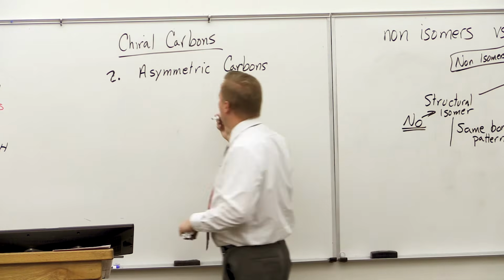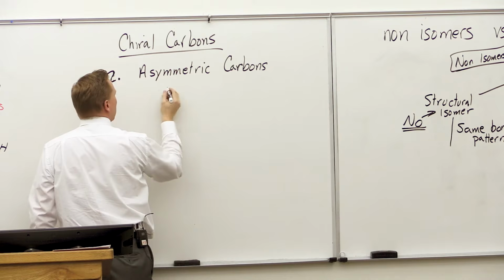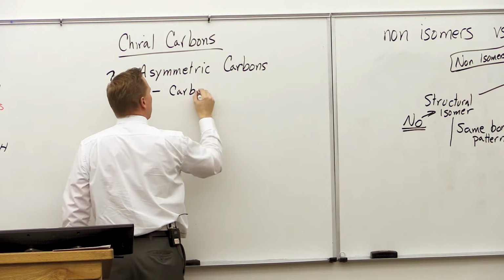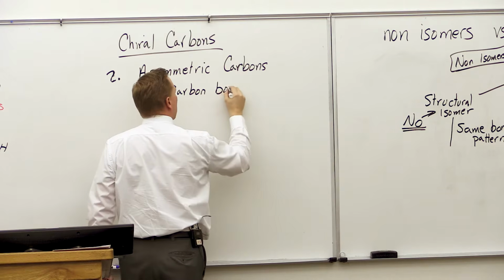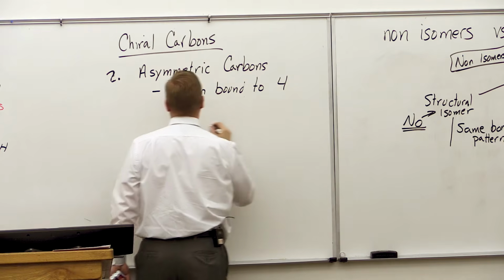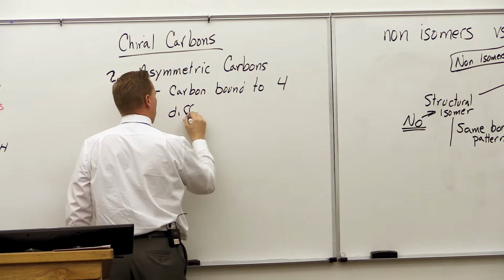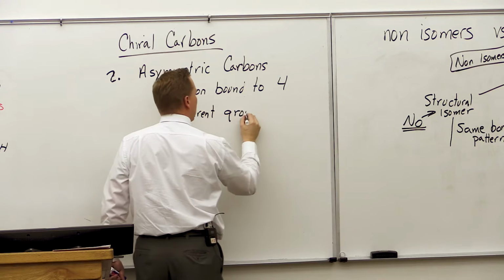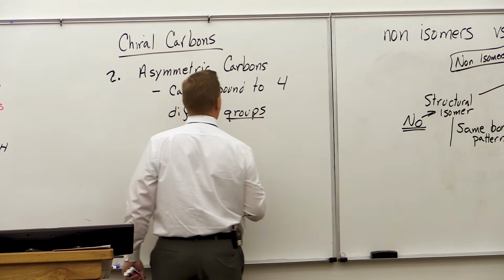Okay? So by definition, an asymmetric carbon is a carbon bound to 4 different groups. Okay?